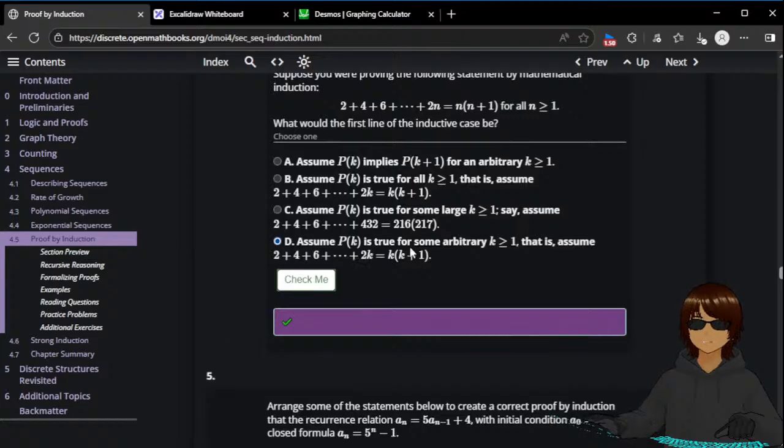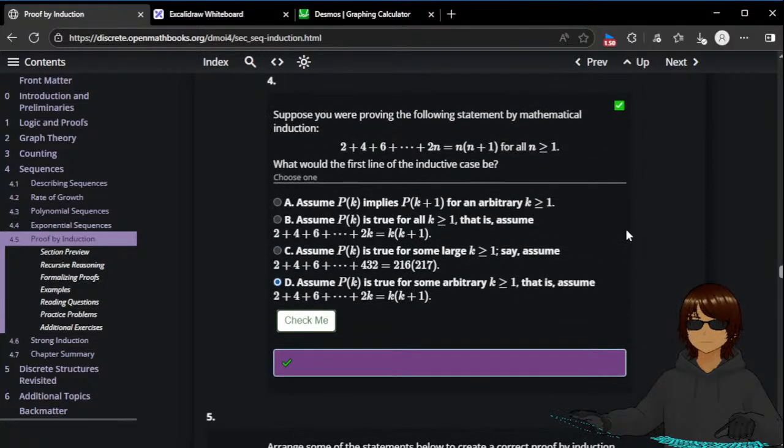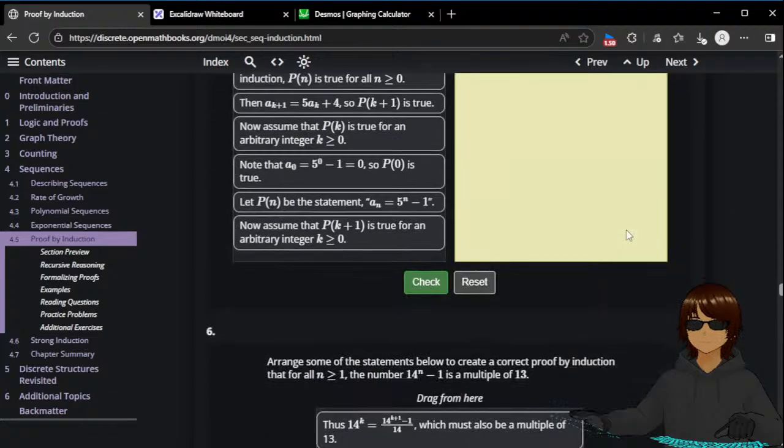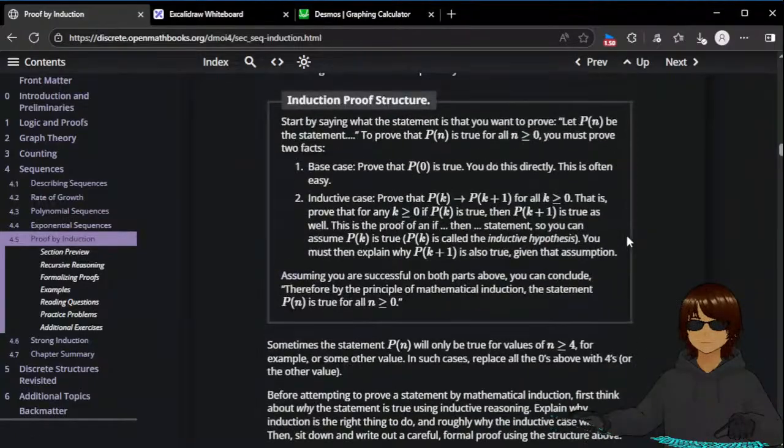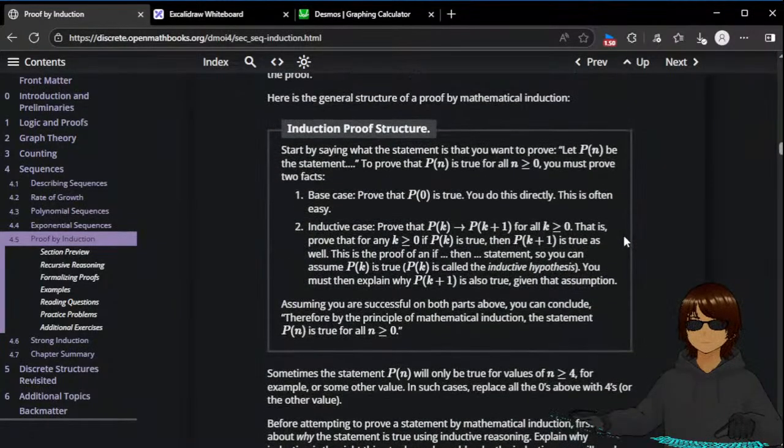Assume Pk is true for some arbitrary k greater than or equal to 1. So we have to prove this for all k greater than or equal to 0.